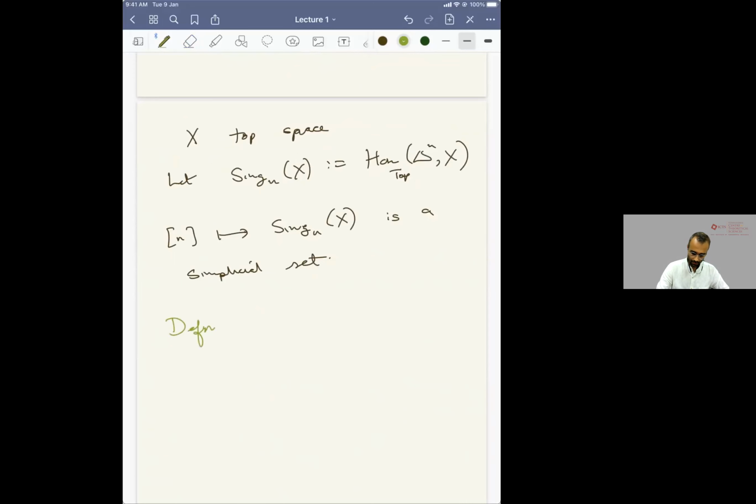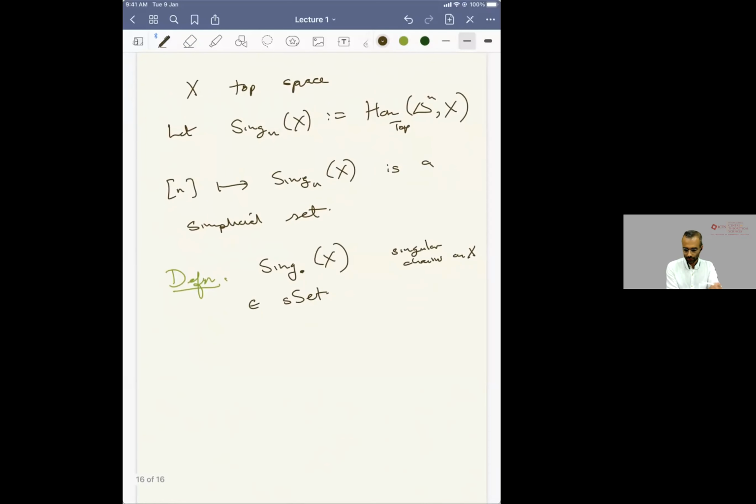Definition: Sing of X is the singular chains on X. This belongs to sSet, the simplicial sets. Okay, so this is the simplicial set, and it encodes the homotopy theory as I described to you.